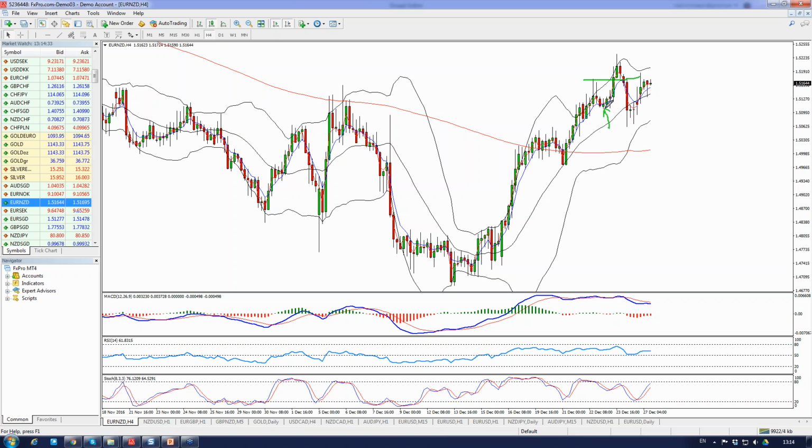Now take a look. Is this low lower than the last two candles low? What are the last two candles of this move? These two, green and green. This red one is irrelevant. So my question is, was this low actually below this low? The answer is no. Therefore, we still did not have a false break here.